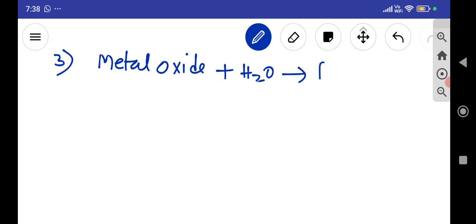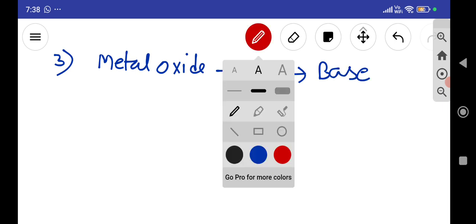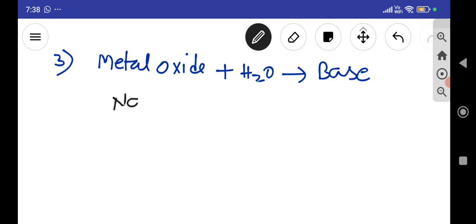Next, the third one is, we have discussed metal oxide reacting with water gives us base. So in this general equation, take any metal oxide. We can write sodium oxide, potassium oxide and calcium oxide.